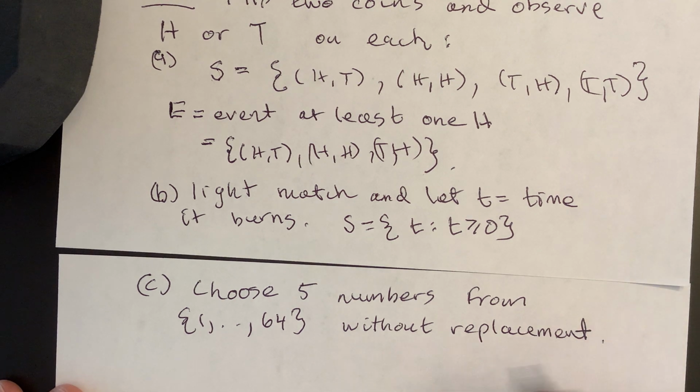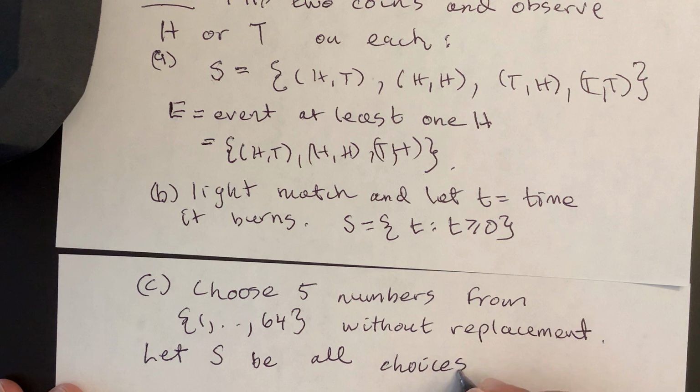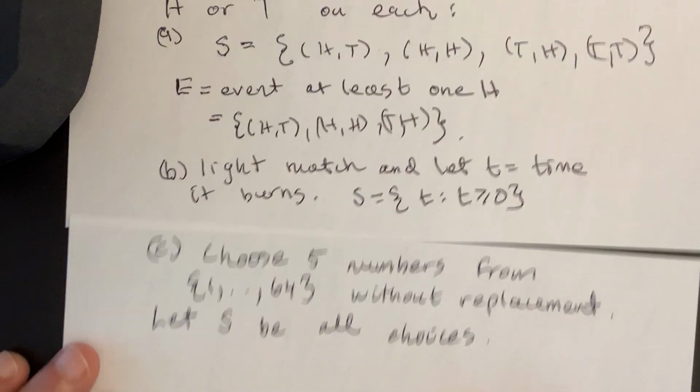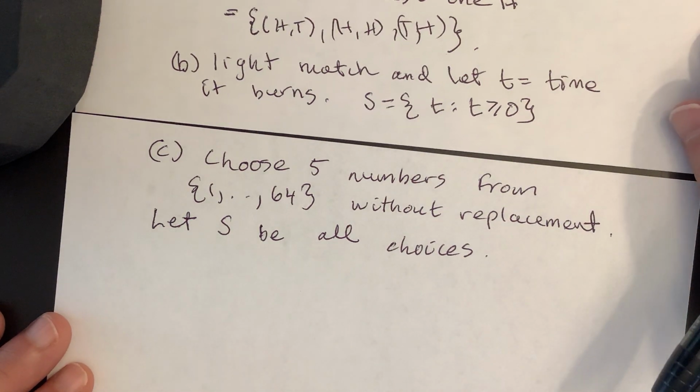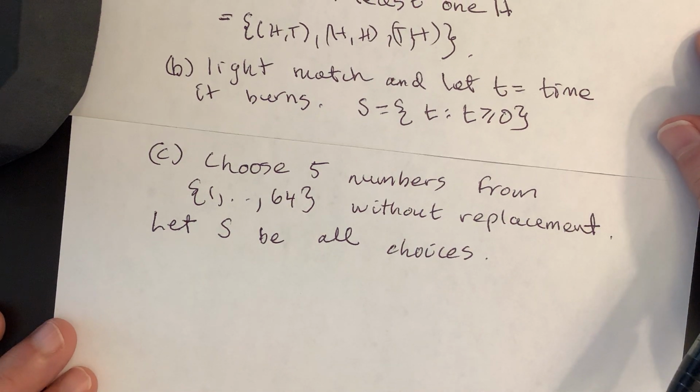And let S be all choices. Okay, so no order to this one. I could have made it ordered, but this one I don't want any order. So S is all combinations of these.